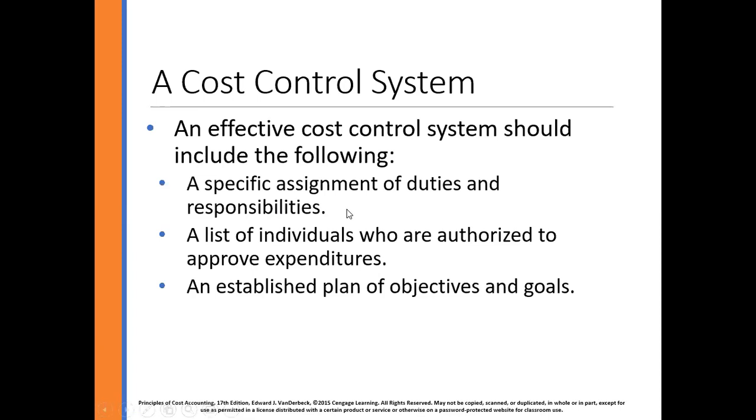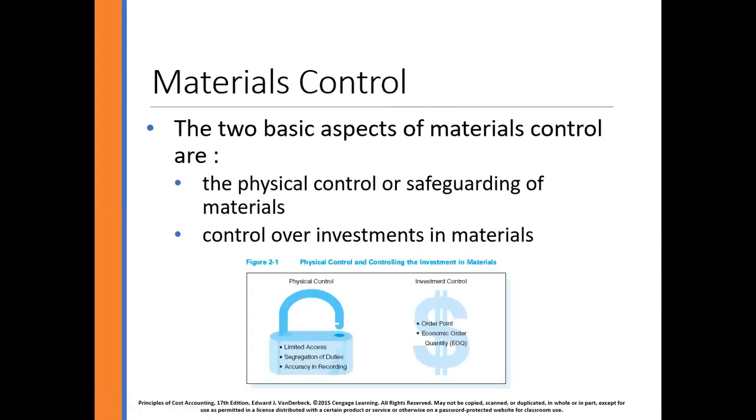Each one has its own duties and responsibilities associated with material controls. There's also a list of individuals who are authorized to approve expenditures, and then an established plan of objectives and goals. And that's where our budgeting process comes in.